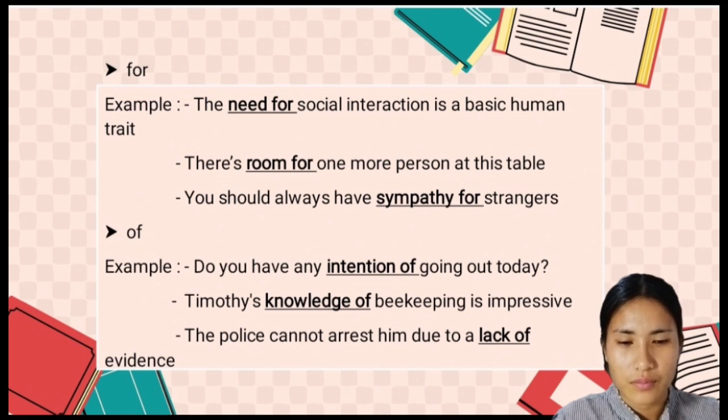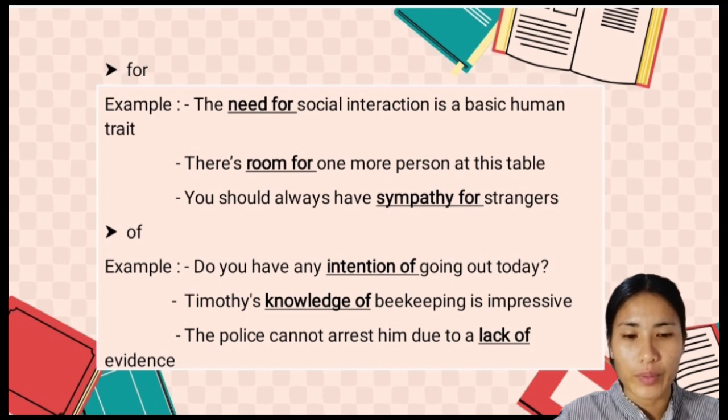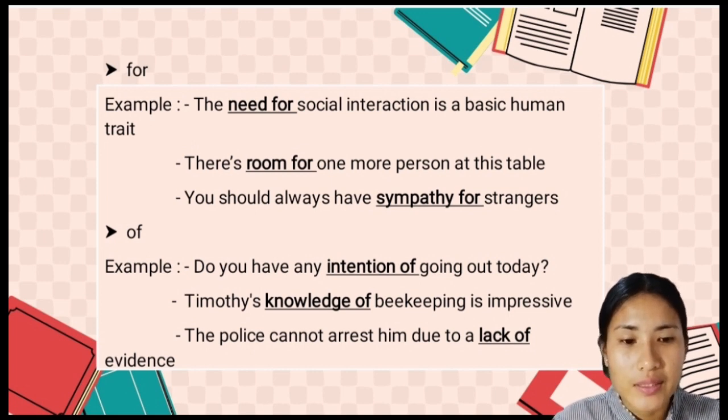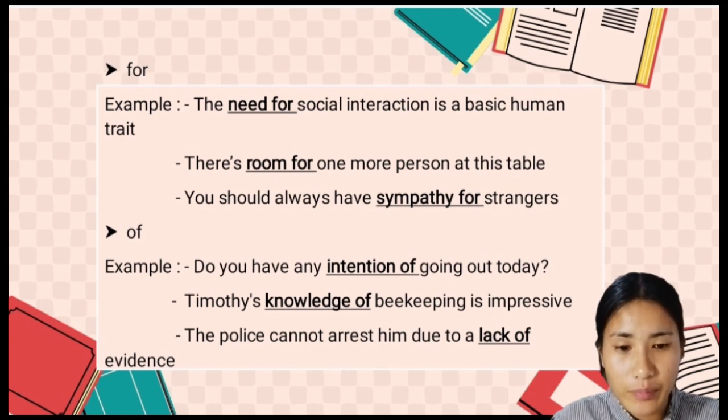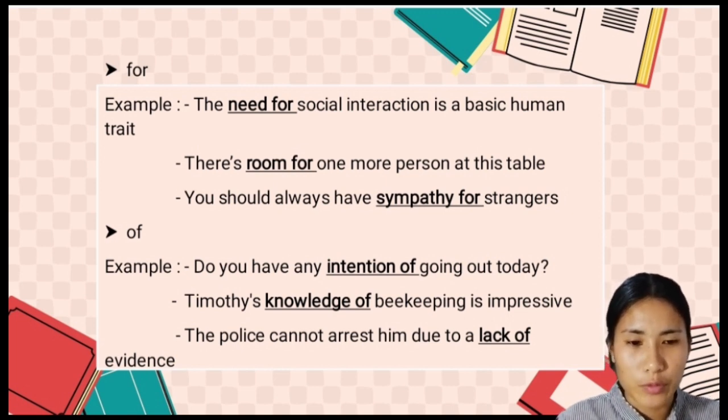So here are examples where we use for combined with a noun. Need for, room for, and sympathy for are prepositions with nouns.